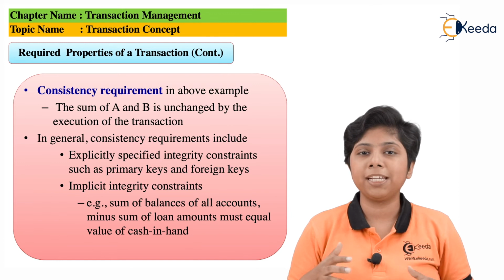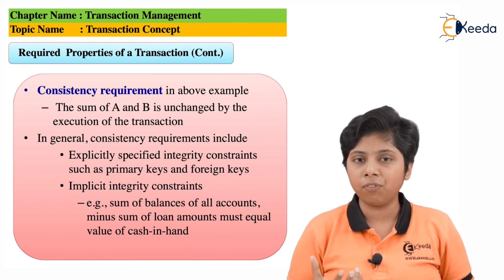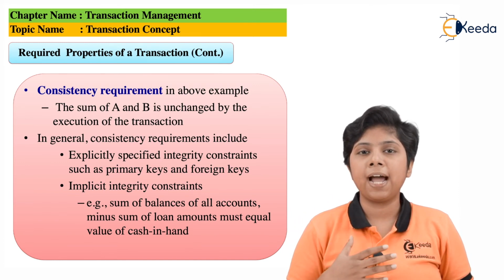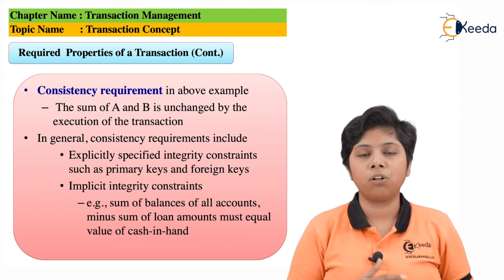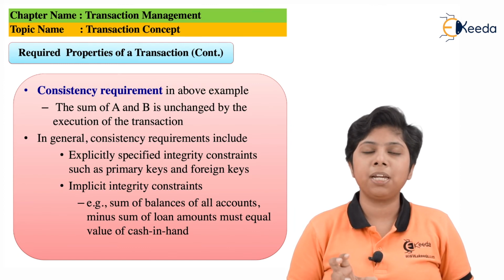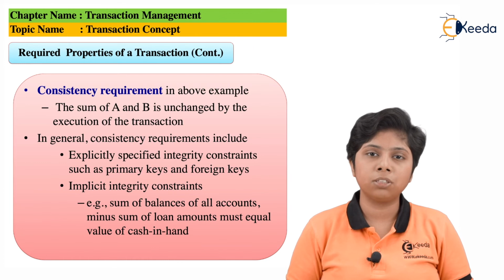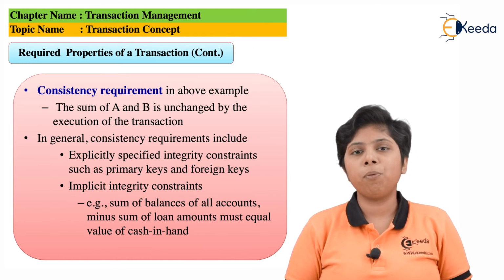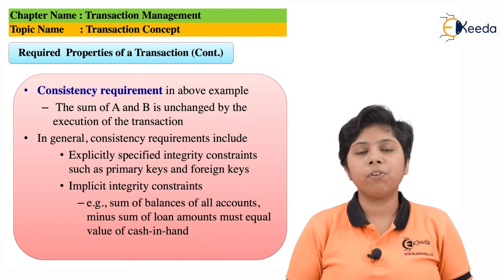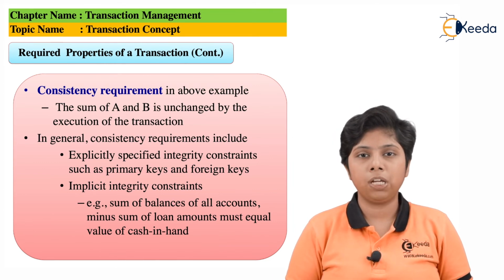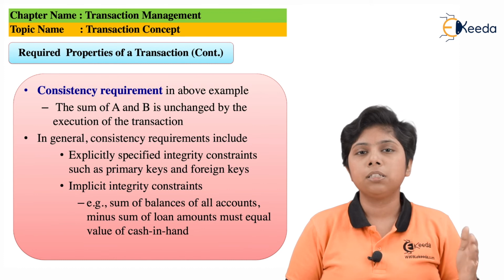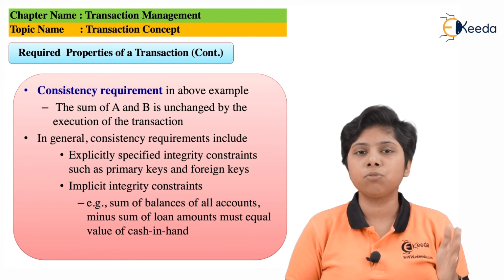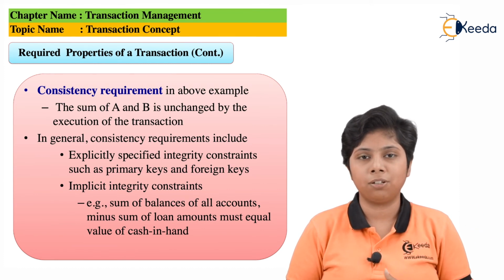So B is updated with the value 950, but A has not been given the plus $50. A remains at its old value of $2,000 and B becomes 950. Now if we display A plus B, it will be 2,950, whereas the old value of A plus B was 3,000, that is 1,000 plus 2,000.